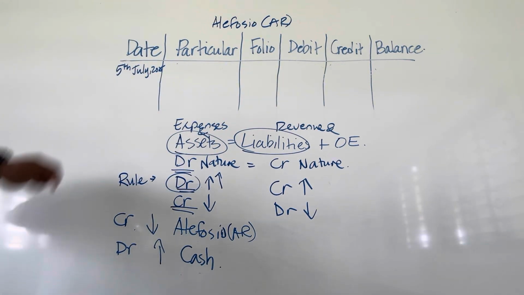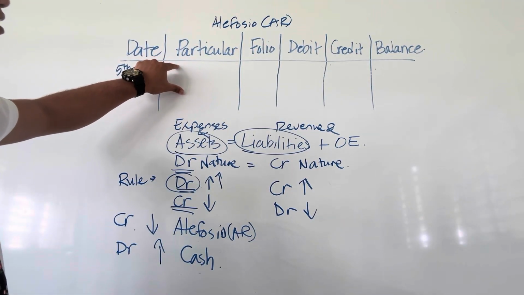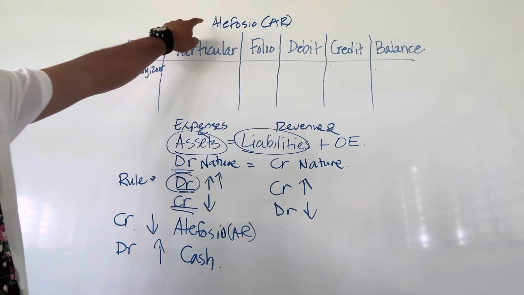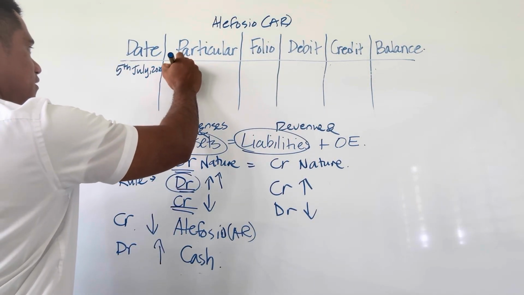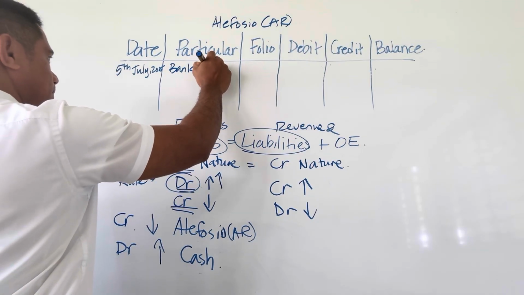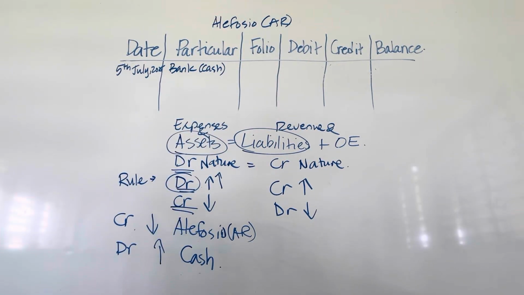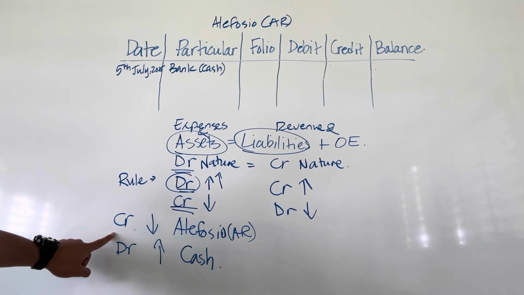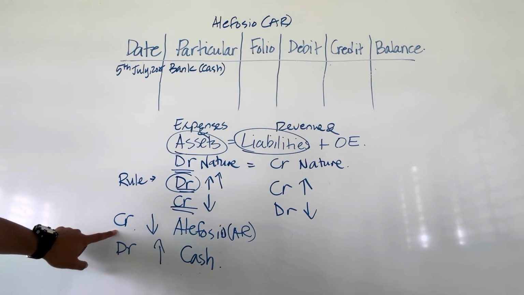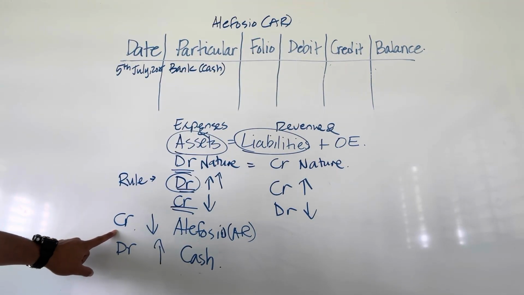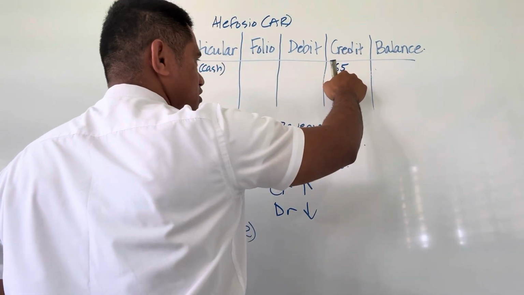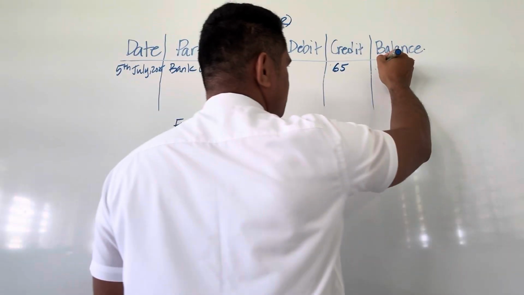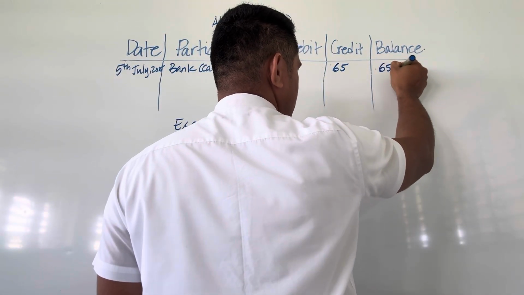In Alifosio's ledger, the particular is the other account in the transaction, which is cash at bank. What is the entry for Alifosio? It's a credit. So we record the amount, $65, in the credit column. And the balance for Alifosio's account will be $65 credit.